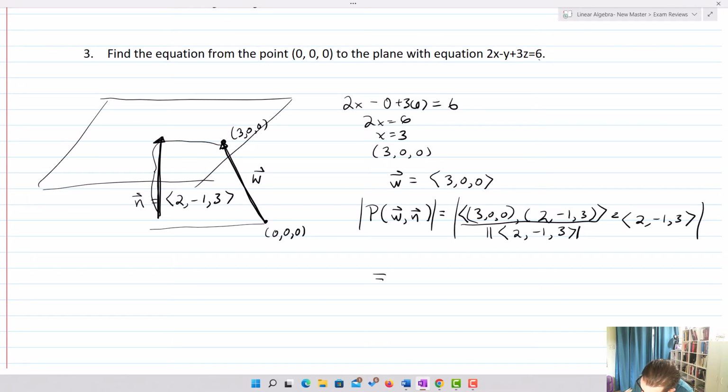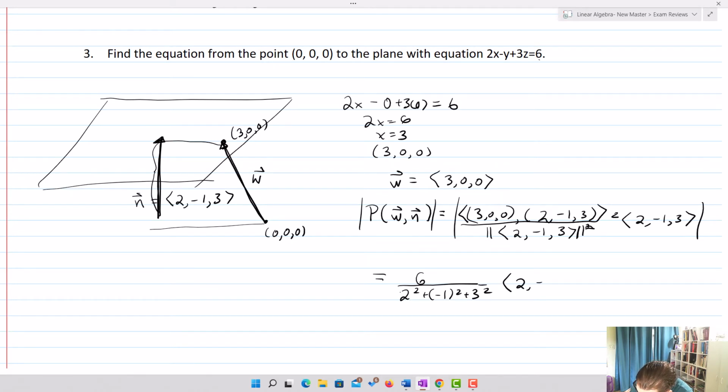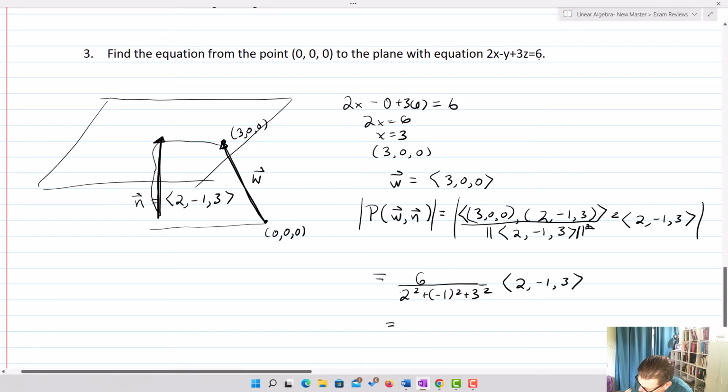First take that dot product, so that's going to be 6 plus 0. So 6 divided by, since this is squared, 2 squared plus negative 1 squared plus 3 squared, times 2, negative 1, 3. So this is 6, and this is 4 plus 1 plus 9, which is 14.